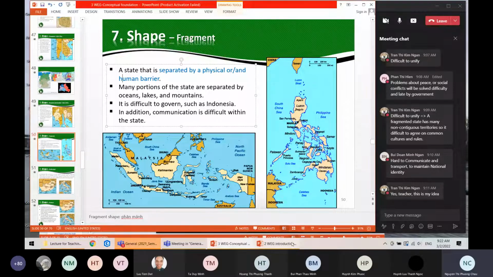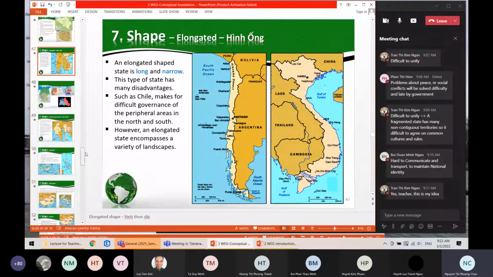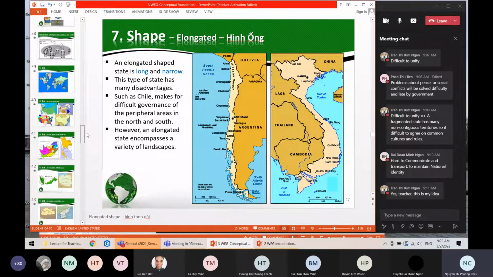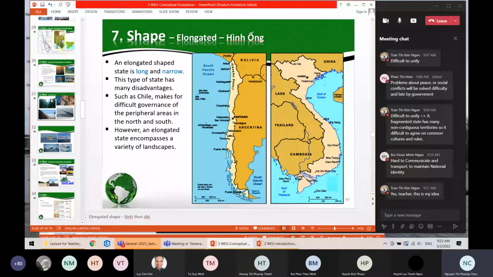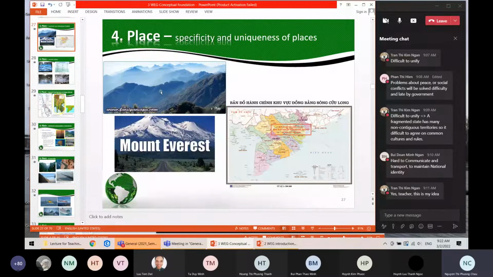Yeah, the same as Vietnam. You see, in Vietnam we have some parts in the highland area. Vietnam has some places within the high mountains, and we have many ethnic minority groups living separately in the mountains.